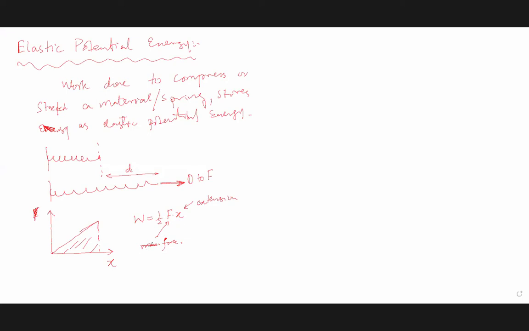So elastic potential energy, that is change in elastic potential energy, is equal to work done, is equal to half Fx. So this is the formula for elastic potential energy.